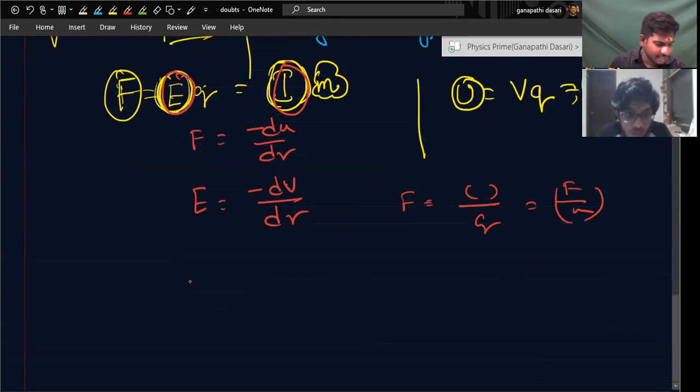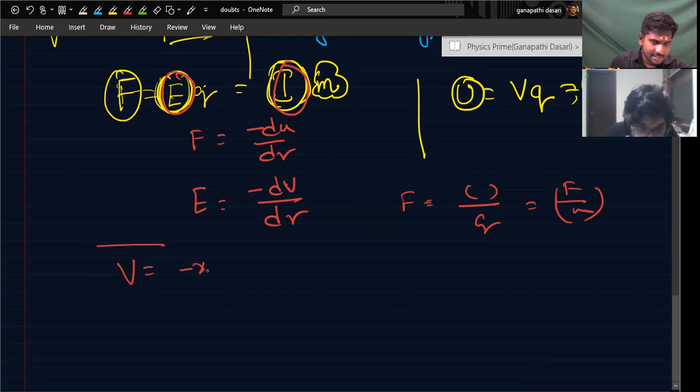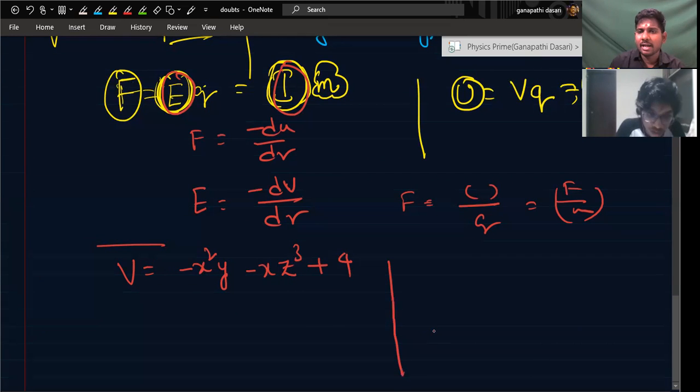Now the equation given is V is equal to 2009 minus x square y minus xz cube plus 4. This is a potential equation. If potential energy is given, you know how to find force, right?